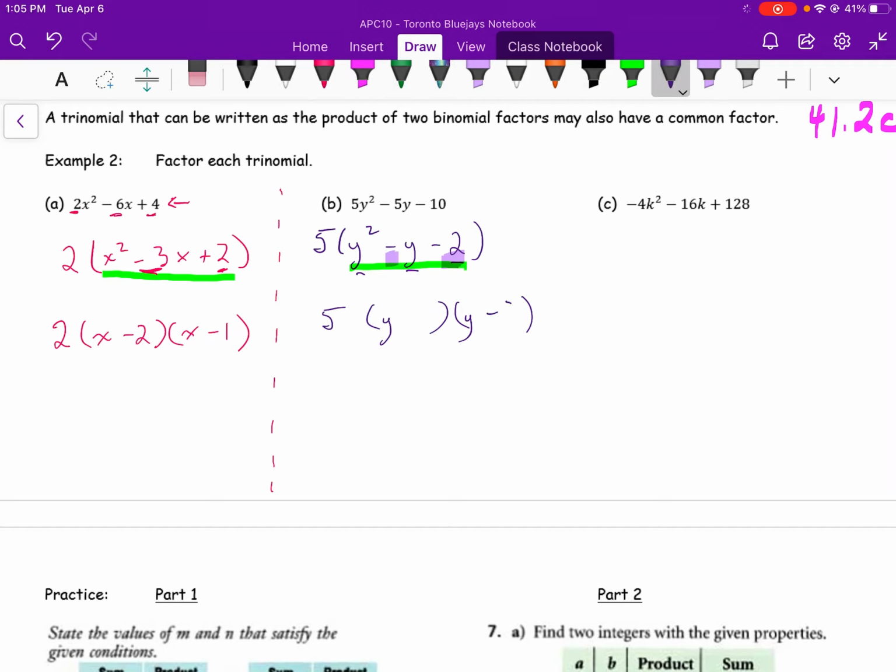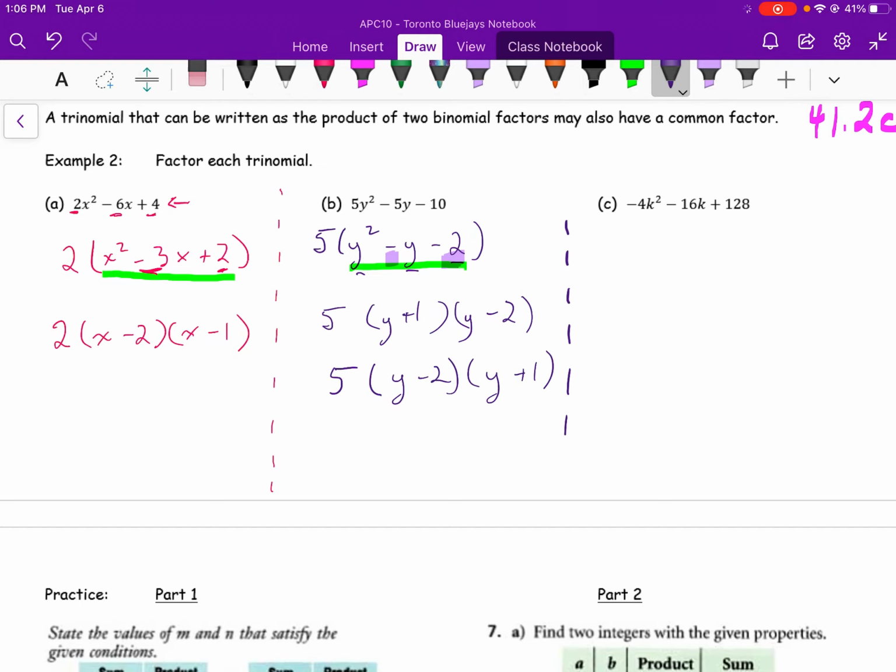Those two numbers must be negative 2 and plus 1. So there we have it. There's my solution. Now when we write down factoring, the order doesn't matter. But we like to have the constant factor in front, but you could have also placed this as y minus 2 times y plus 1. The order of your factors really doesn't matter at all.